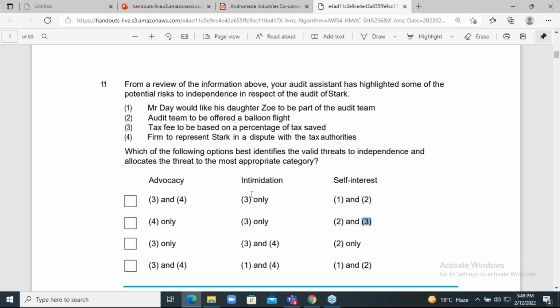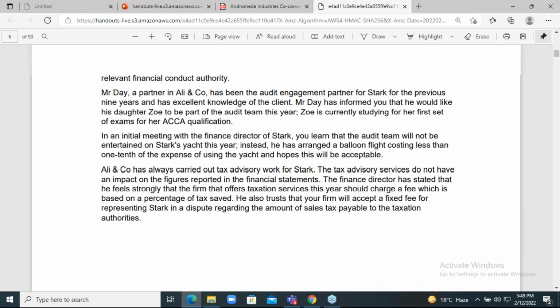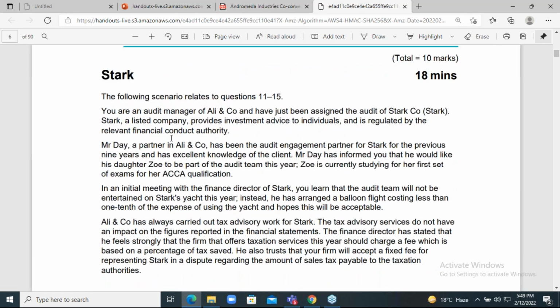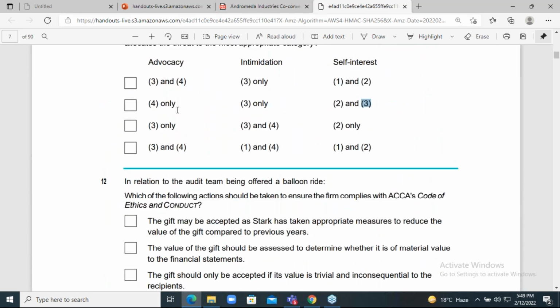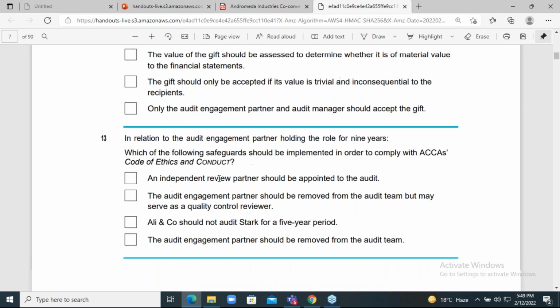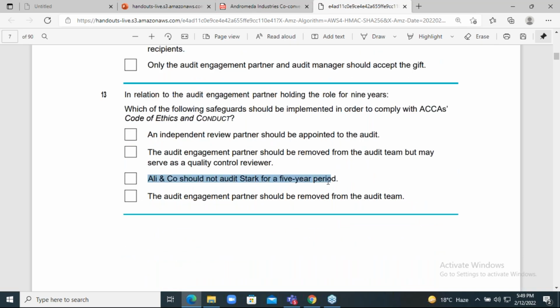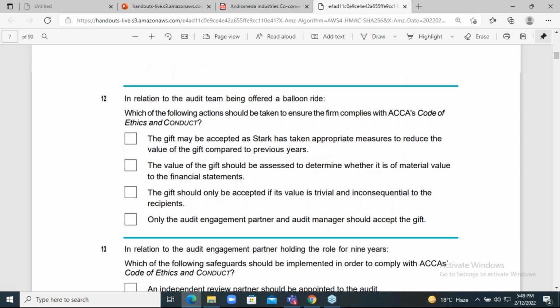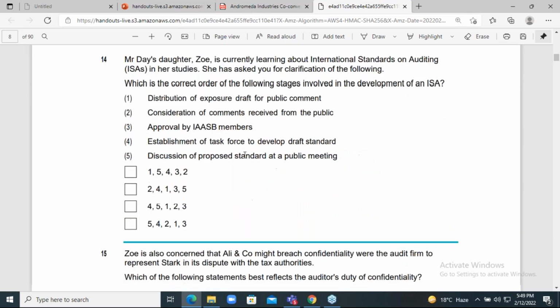So it is very important to go through OTs, and to do that I would recommend that you read the book twice. Whenever you attempt different questions, like if you attempt this question from the code of ethics area, first of all you will read the book, then you will attempt these questions. After attempting these questions, you will get to know your weak areas, like you are weak in the gift area, or in the long association area.